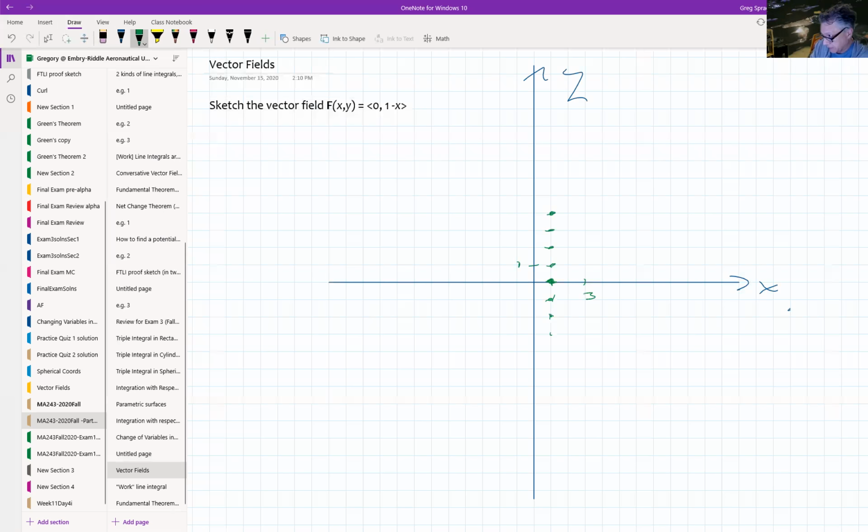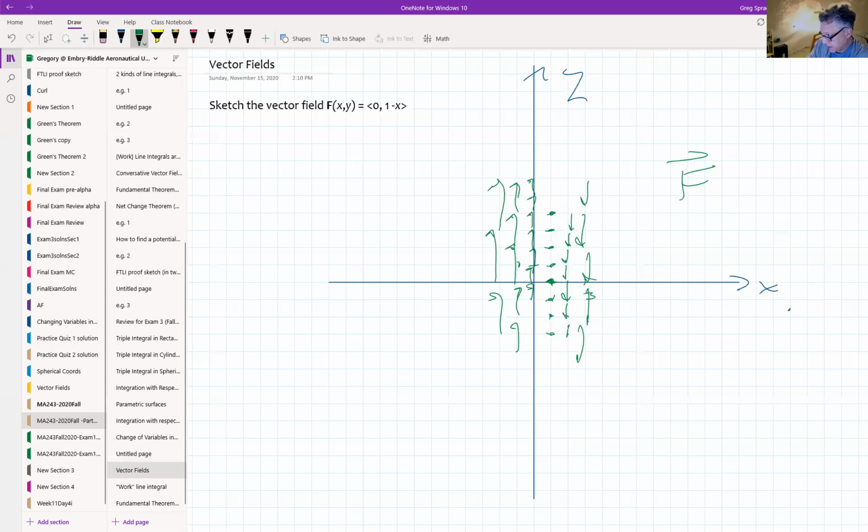She draws a dot. If x is 2, we get the vector minus j. If x is 0, we get the vector j. If x is 3, we get minus 2j. If x is negative 1, we get the vector 2j, and so forth. I think you get the idea.